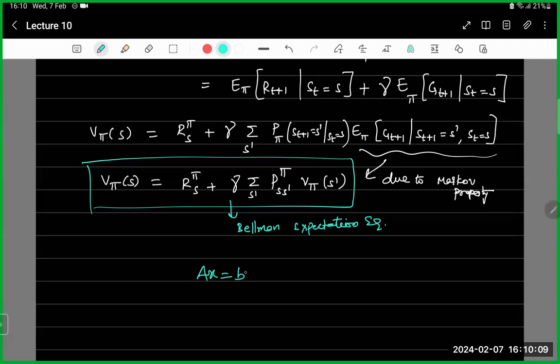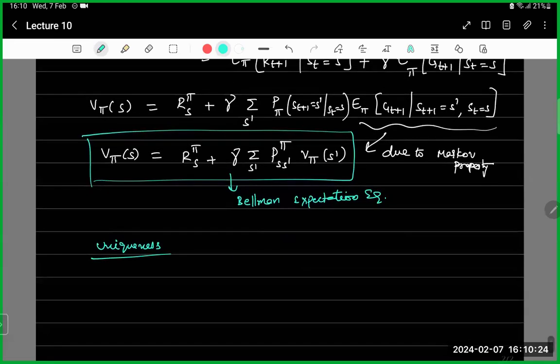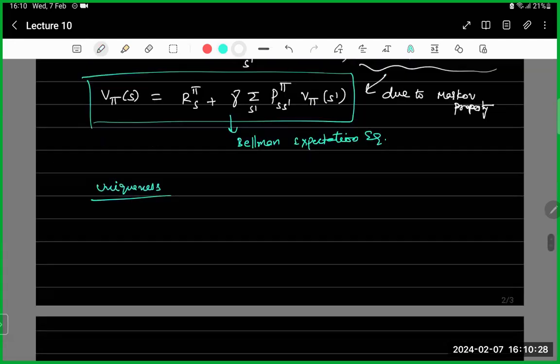We'll try to show that now: the existence and uniqueness of the solution, whether v pi can be solved with these linear equations.